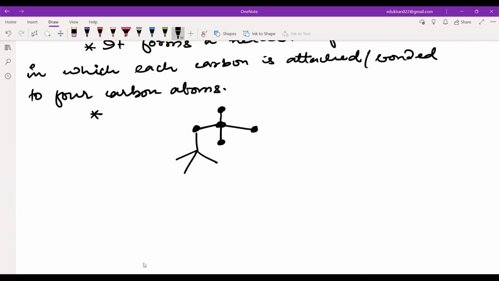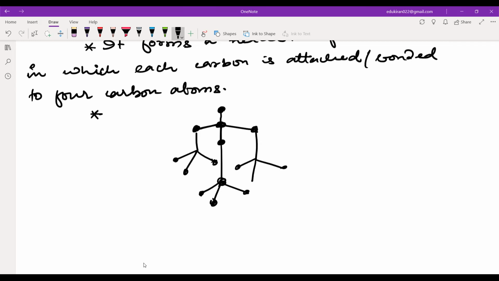So you are making a very strongly linked network structure, which is why diamond gets a very hard structure.